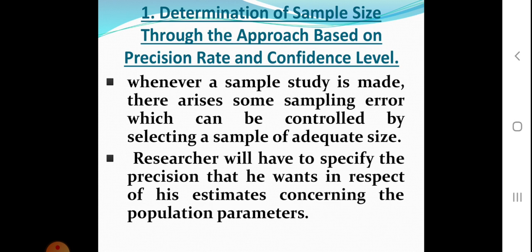In other words, the acceptable error denoted by E is equal to 3. Dear students, keeping this in view, we can now explain the determination of sample size so that the specified precision is ensured.